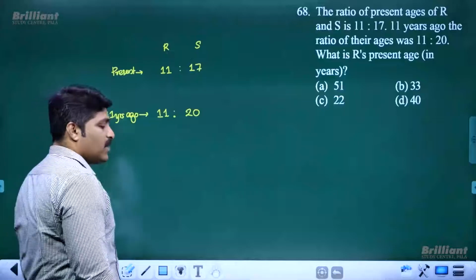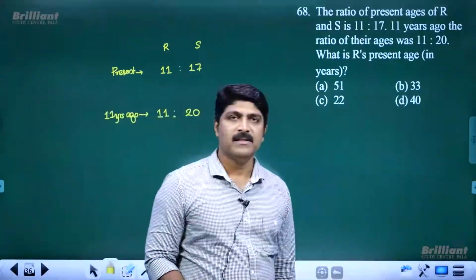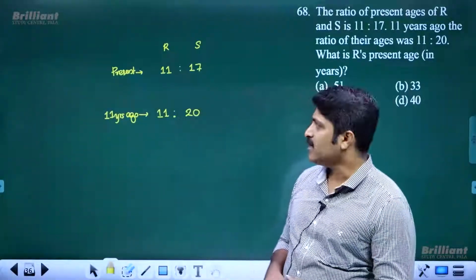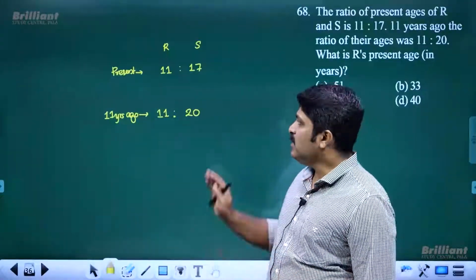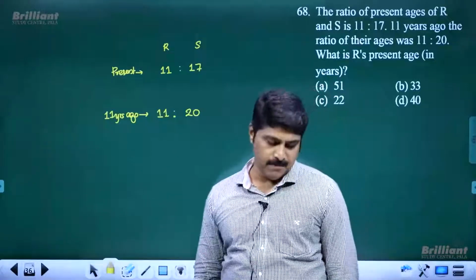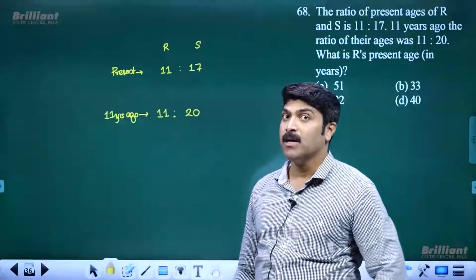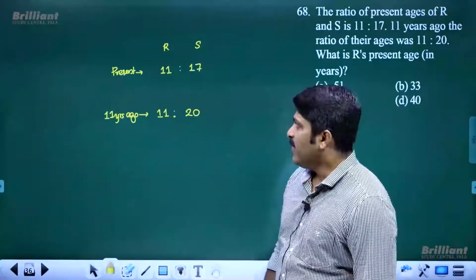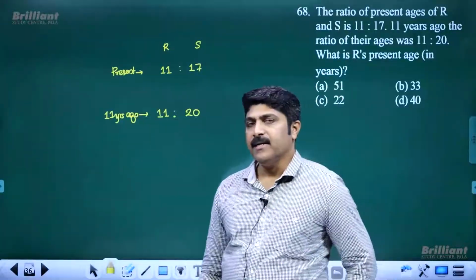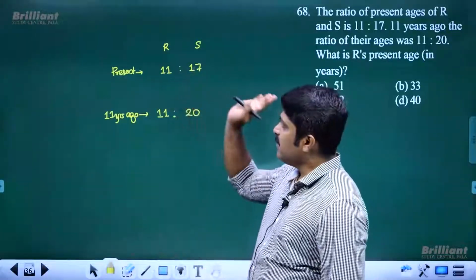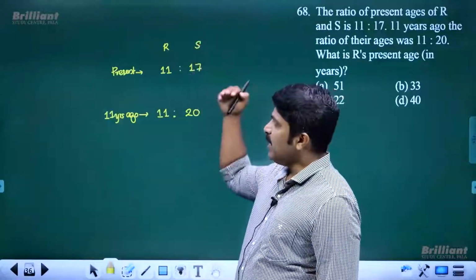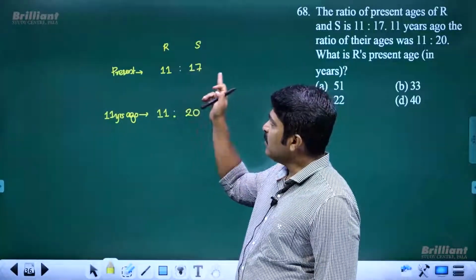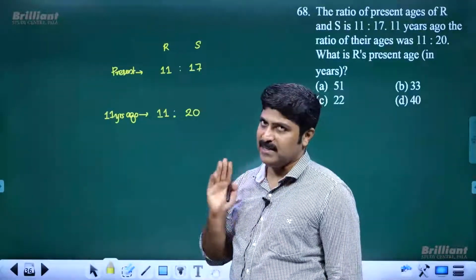So here you just understand the situation properly. In such an age problem related question, we have to make these two ratios in a proper order, or we have to make suitable alterations here. So what is the basic idea of alteration here? This is 11:17, which means the present age of R is 11x and that of S is 17x.